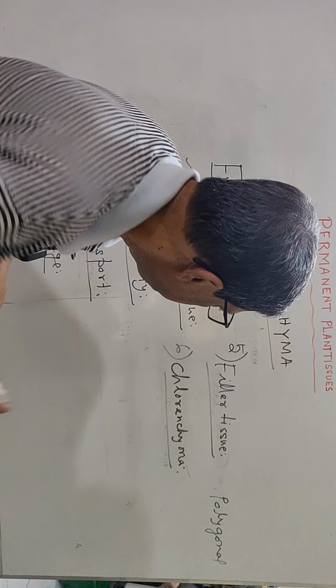Next, I will draw a picture of the parenchymatous cell. Parenchymatous cells are isodiametric, oval or round shaped, with a thin wall. Next, the centrally placed vacuole. This is the vacuole.